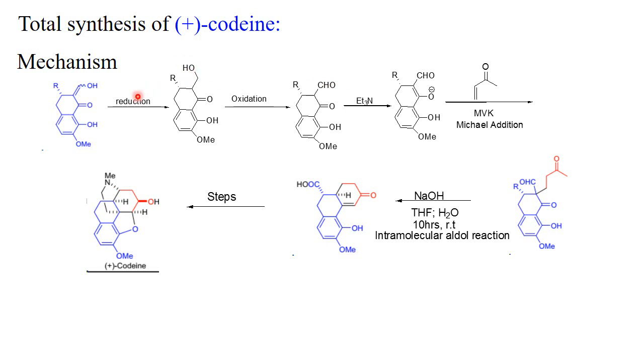This is converted to a primary alcohol, and this primary alcohol is subjected to oxidation, then the primary alcohol group is oxidized to an aldehyde group. The only change occurs over here. During reduction, this double bond is reduced, and during oxidation, this CH2OH is converted to the formyl group.